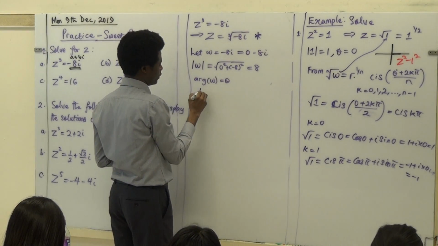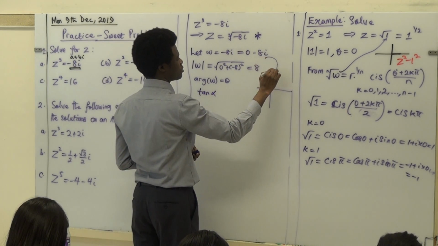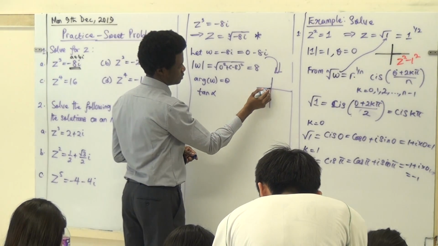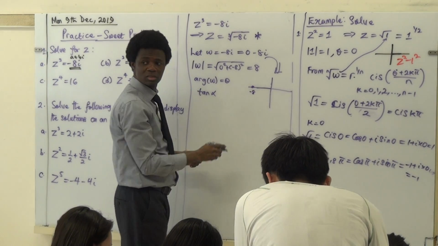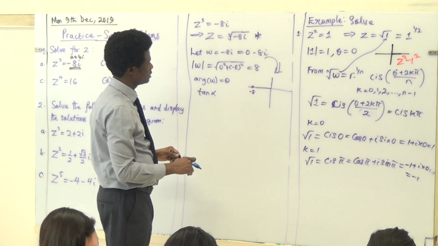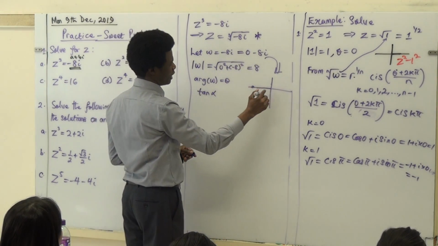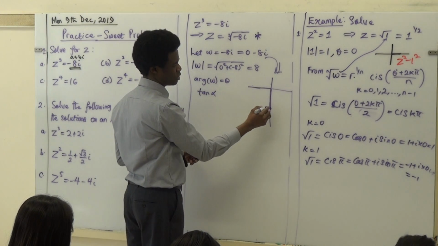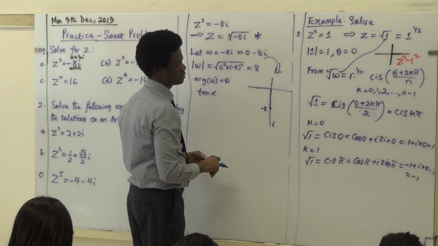So we know tan alpha. Draw the Argand diagram. What is minus 8i in the Argand diagram? X is 0, y is negative 8, so it's actually on the y-axis, not on x. This is the imaginary part.